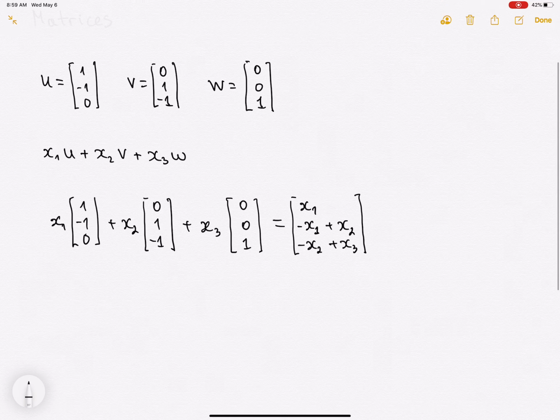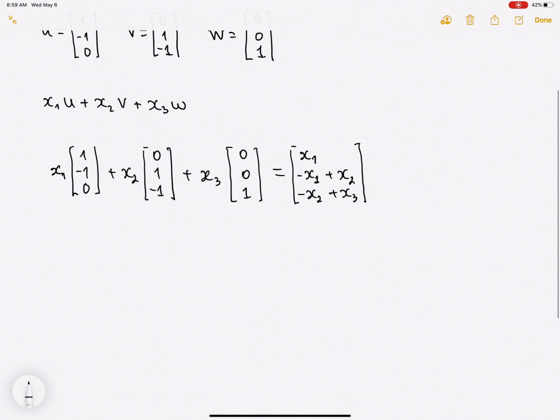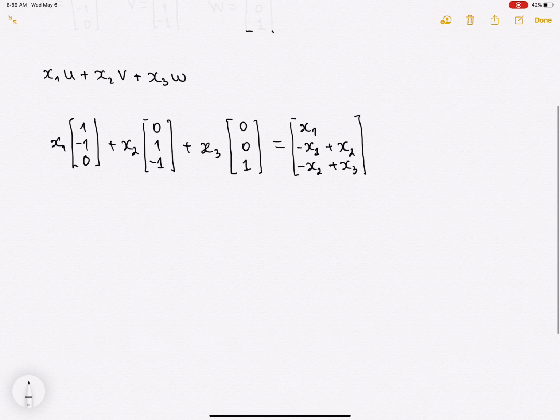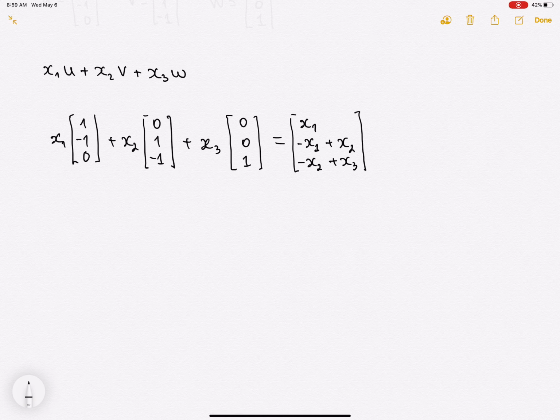Now, what is interesting is that we can rewrite this equation using a matrix in the following way. I'll use the three columns, u, v, and w, to be the columns of a matrix. I'm going to write 1, -1, 0, then 0, 1, -1, then 0, 0, 1.